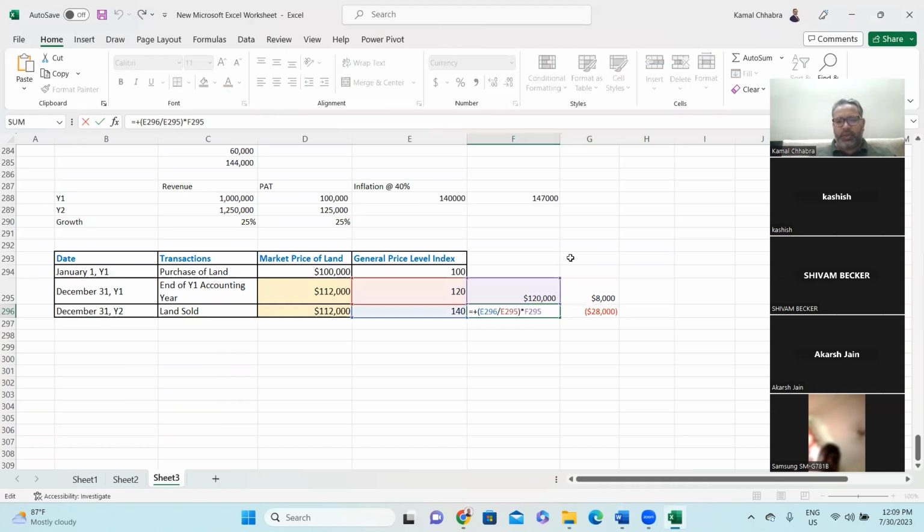Yeah, this is simple math which you have done earlier also, which results in $140,000 as the value, right? And you are selling at 112,000. So the difference is $28,000.